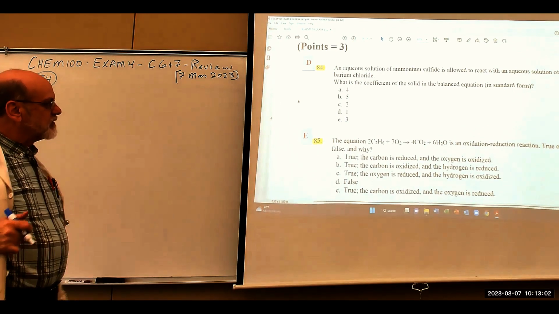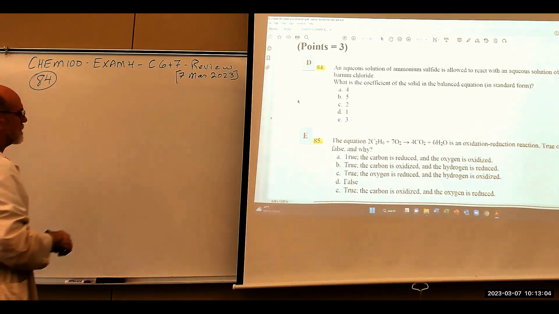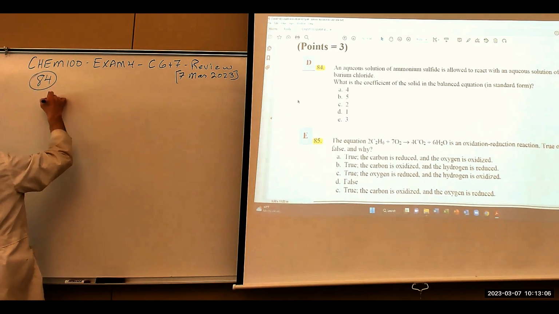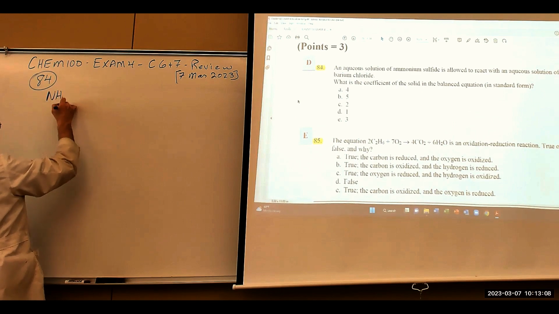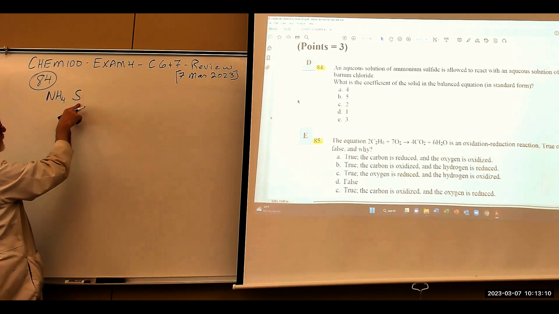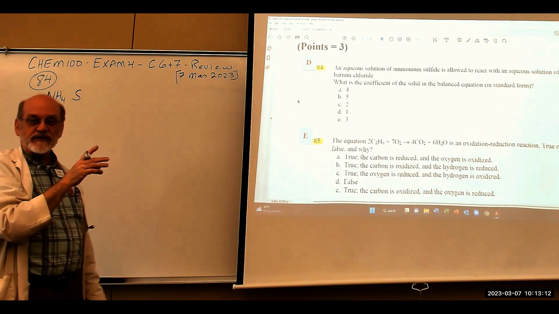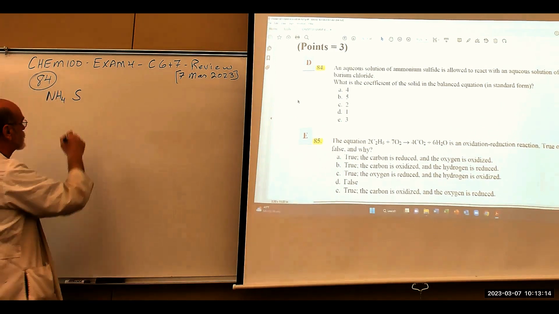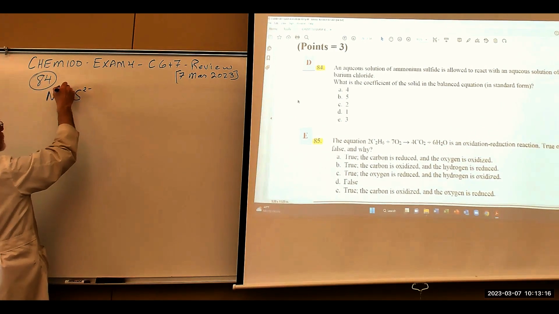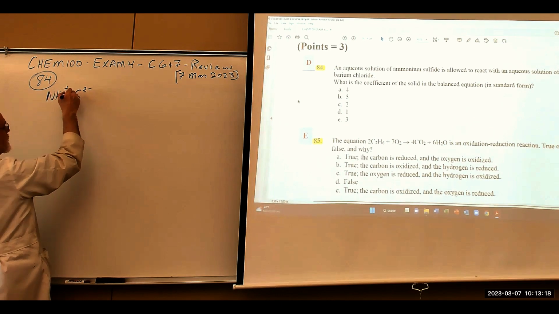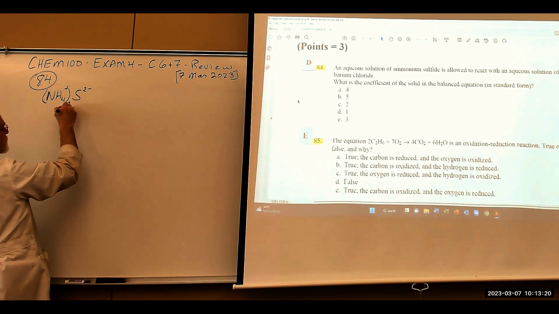An aqueous solution of ammonium sulfide. Sulfur is in the same group as oxygen, which means it's a 2- charge. Ammonium is a 1+ charge, so we need 2 of these.